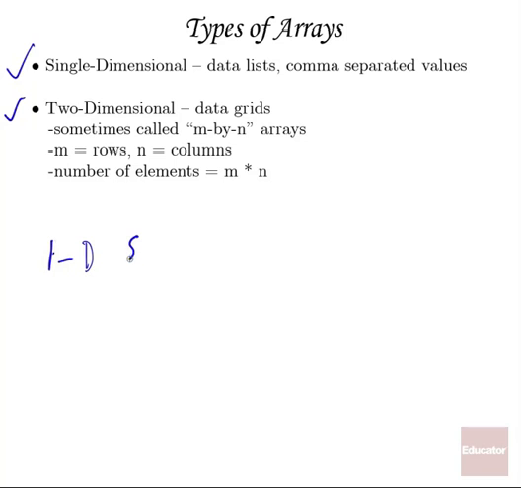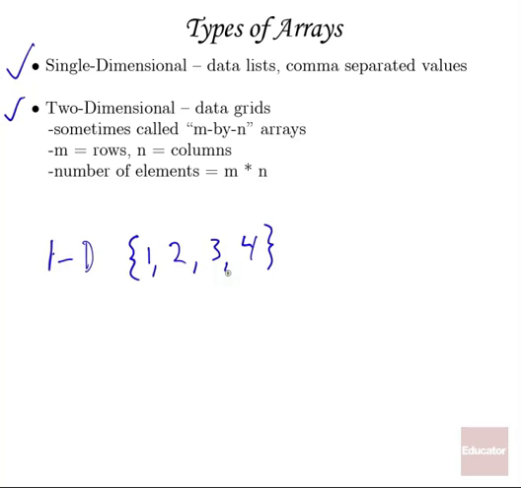In the program, the values in a single-dimensional array are enclosed in braces, or curly brackets, and then separated by commas. So it's just a string of data. Those could be numbers, text, any kind of value, especially character values.